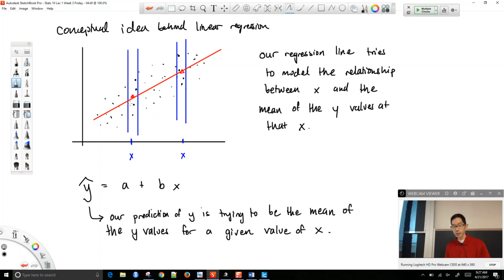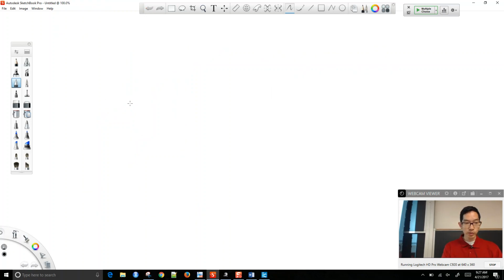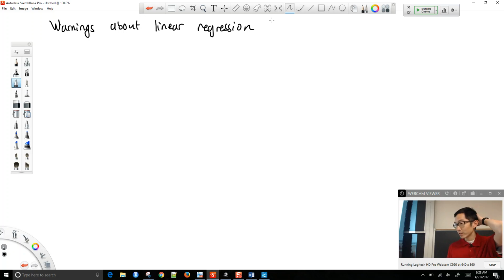Okay, let me give you a few warnings about linear regression. We gave you some warnings for correlation, and pretty much those same warnings carry over to linear regression, but they're even more pronounced. Regression is an excellent tool, statisticians like to use it, and it has many applications.